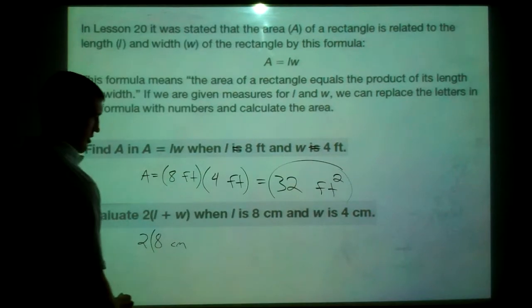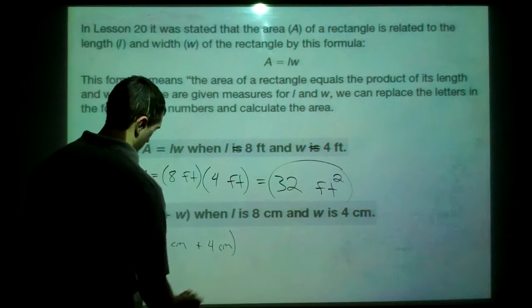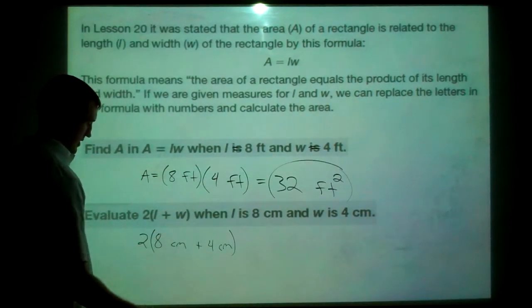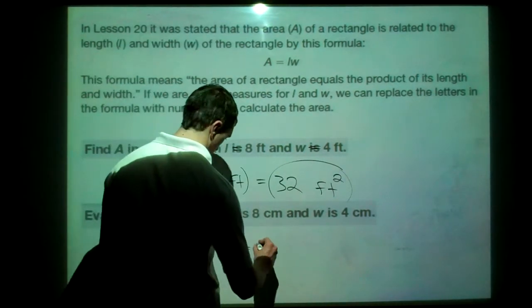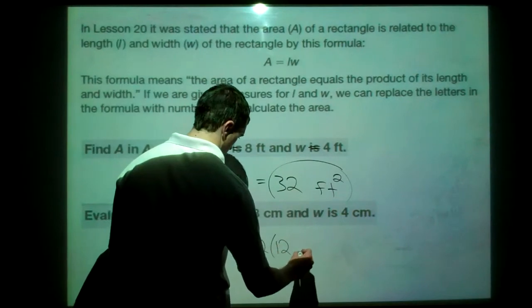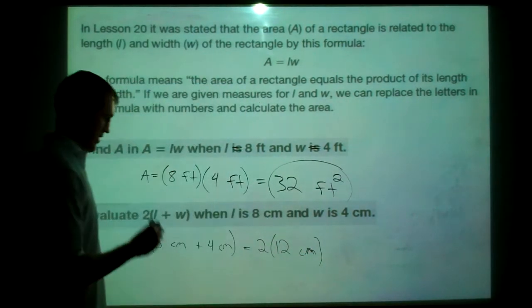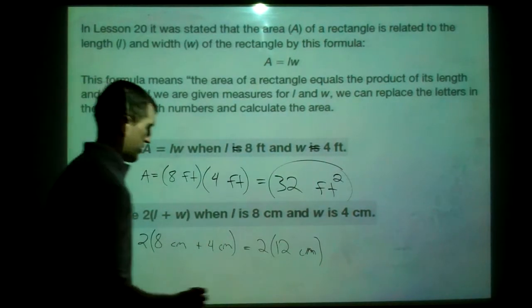We're going to add 4 centimeters. Okay, we're not multiplying anymore like we were up here, so our units will stay the same. We actually have 2 times 8 plus 4, so 2 times 12 centimeters. Sorry, a little sloppy there. And we'll get 24 centimeters.